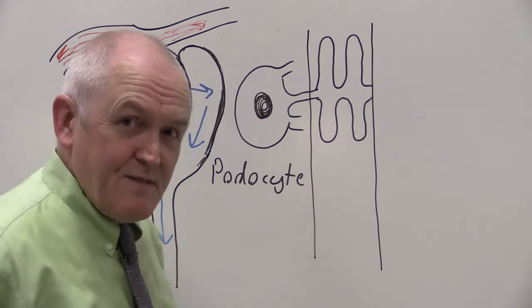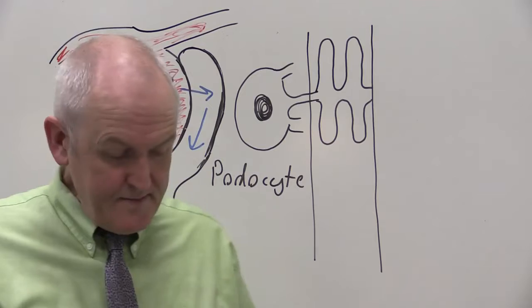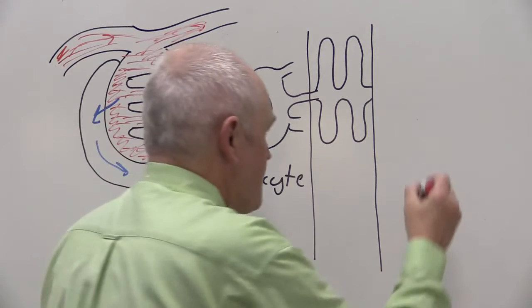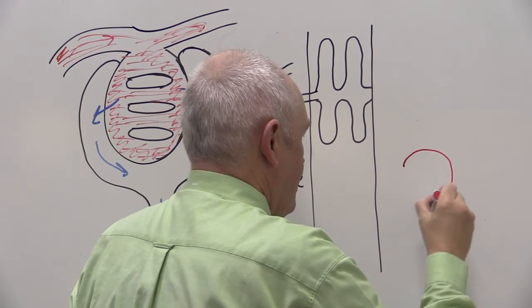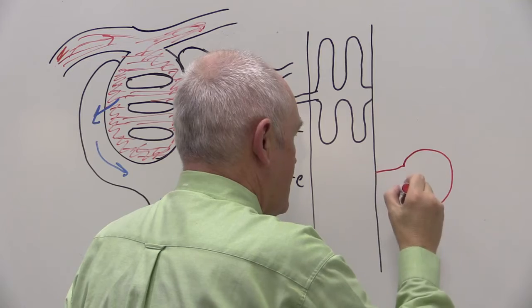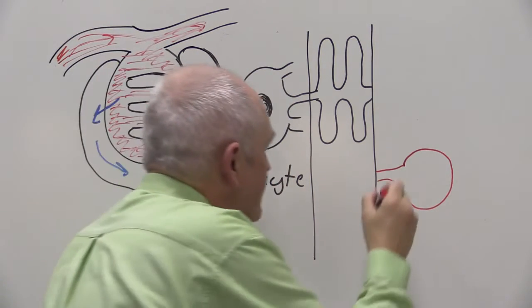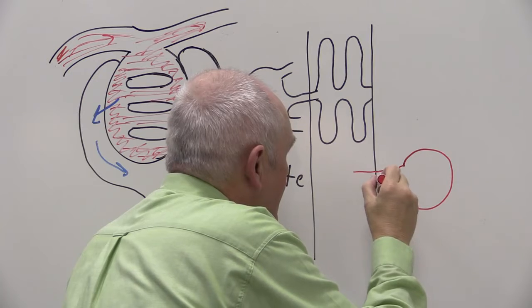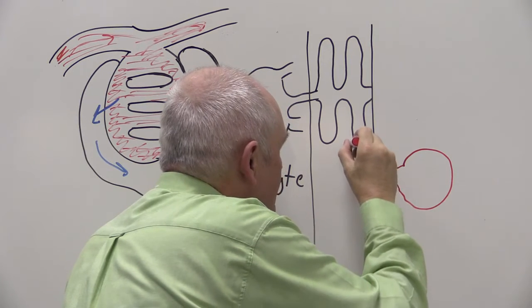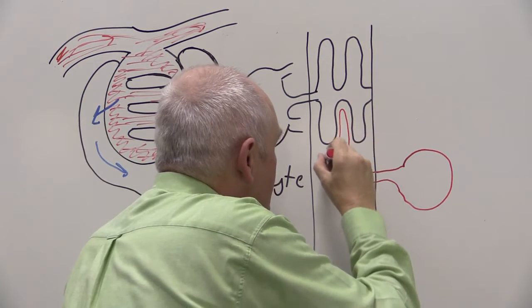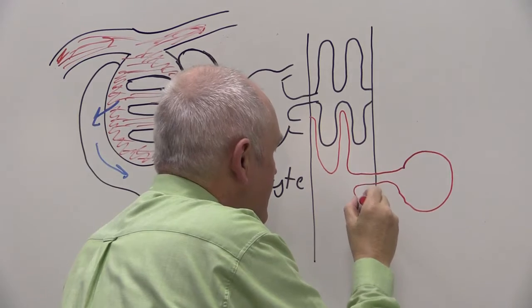But there's many of these podocytes. So here we have another one just here, another podocyte, and again we've got the small foot-like process, the pedicle coming out from it. And again, this forms pedicles like this.